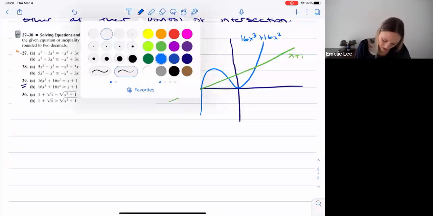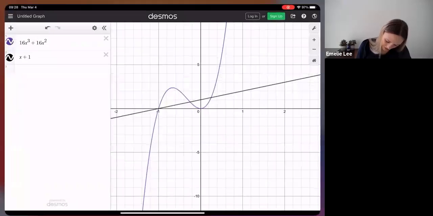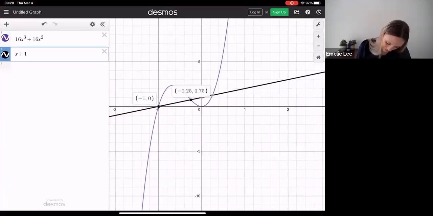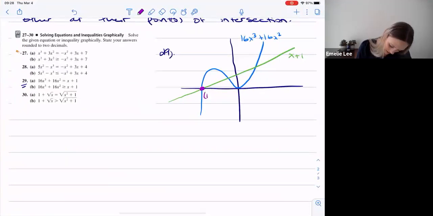And let's just put down the points of intersection here. This was at, now I can't remember, -1, 0, -0.25, 0.75, and 0.25, 1.25. Let's see if I can do it. Oops, sorry, -1, 0, -0.25, oh, 0.75, I should say.